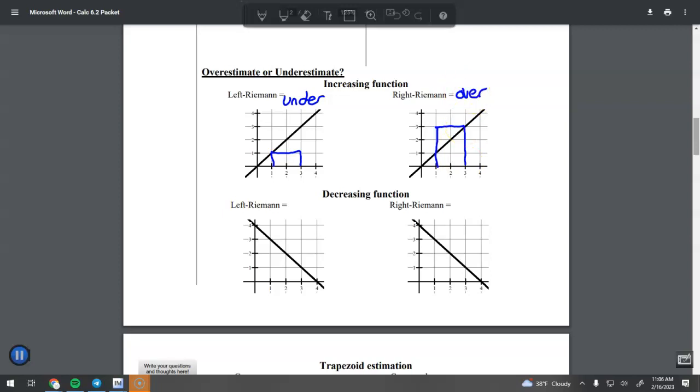So that would be an overestimate. The decreasing flips. If it's decreasing, and I'm going from 1 to 2, then the left-hand endpoint is higher than the right since it decreased. So that's over. And for the opposite reason, that's under, because the right-hand endpoint is lower. Is that okay?